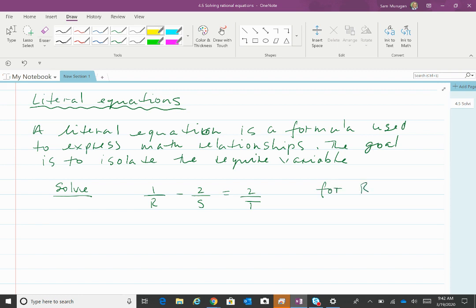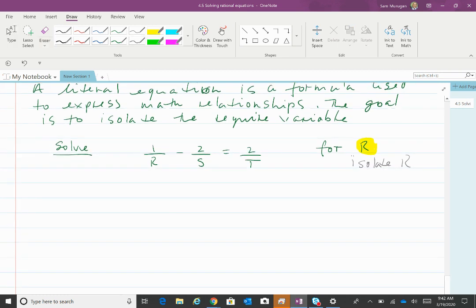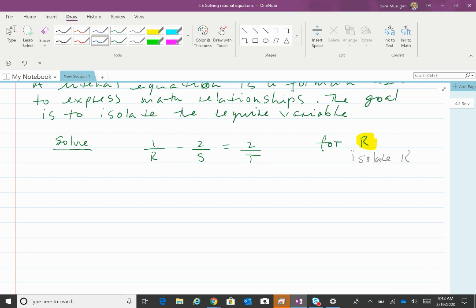So the goal here is to isolate uppercase R. On a point of confusion here, the LCD is simply the product of r, s, and t.